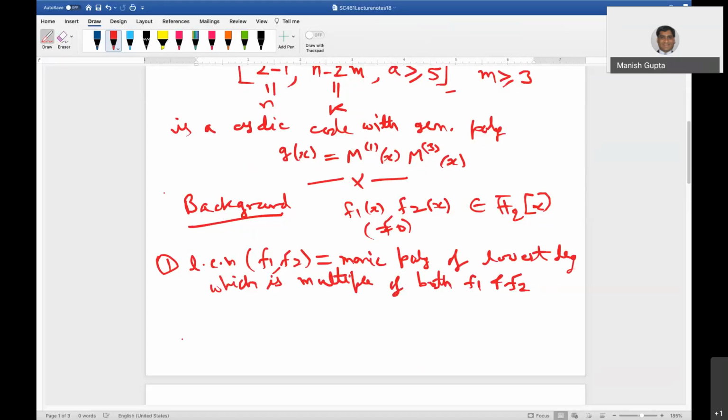So similarly, we can define the LCM of several polynomials, f1, f2, ..., ft. A similar definition we can give.